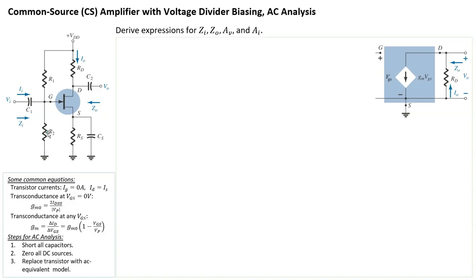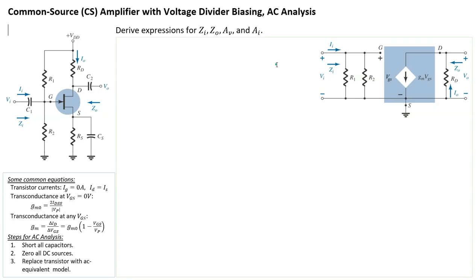And C1 disappears, so it looks something like this. R1 and R2 in parallel. ZI is still ZI. II is still going towards the gate, and you still have VI over there. As usual, let's define II, IO, VI, and VO.